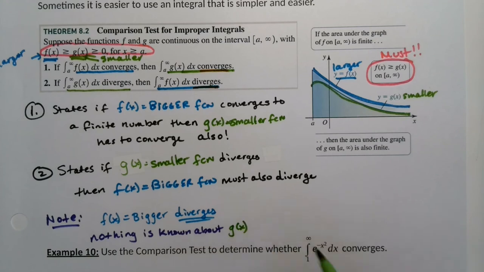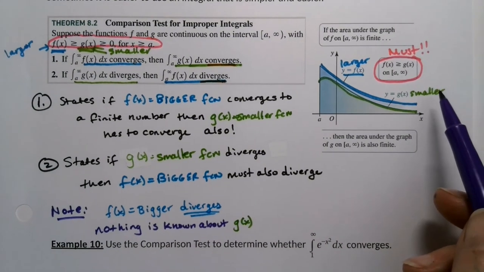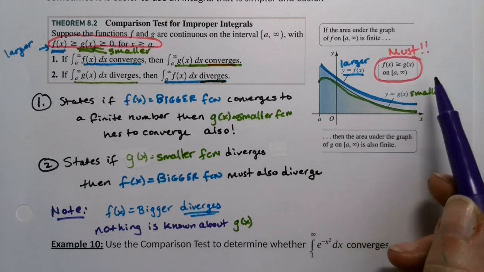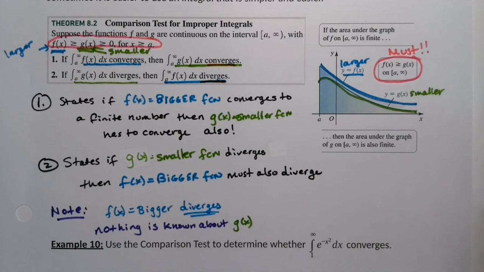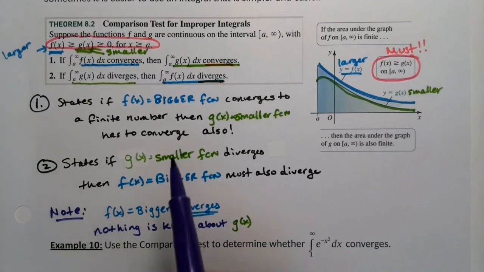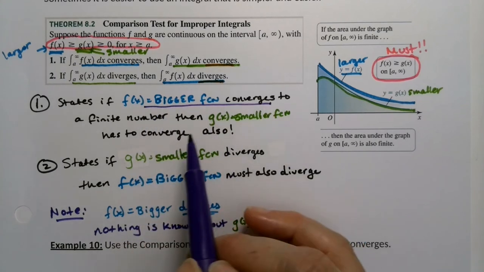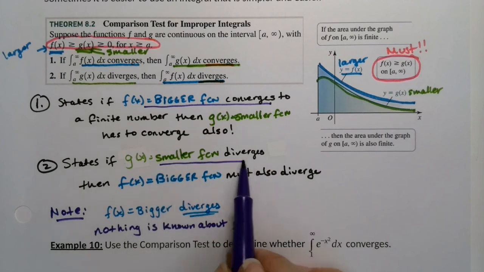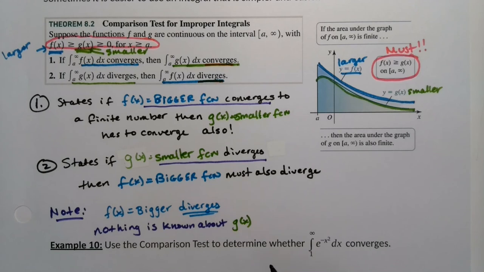If this bigger function goes off to infinity or something, well then g of x may go off to infinity with it, may go down to 0, could go to 3, we don't know, right? So it follows a very particular pattern. You have to have the bigger function converging, forcing the other one to converge, or the smaller function diverging. But if the bigger function diverges, you got nothing.